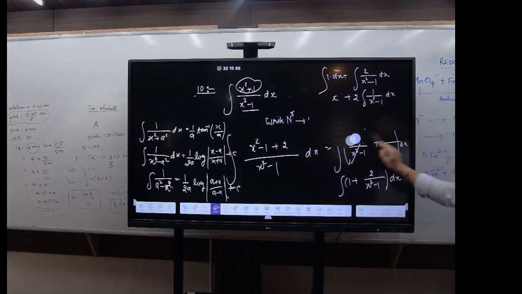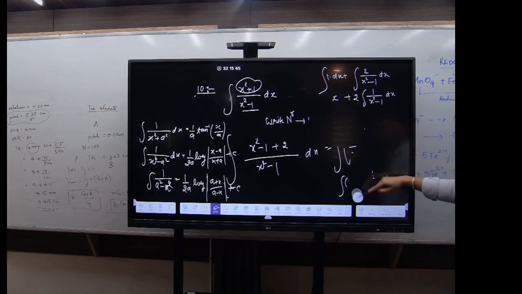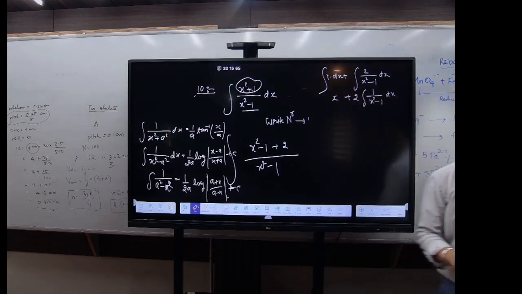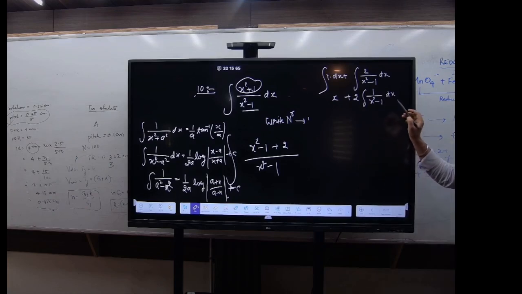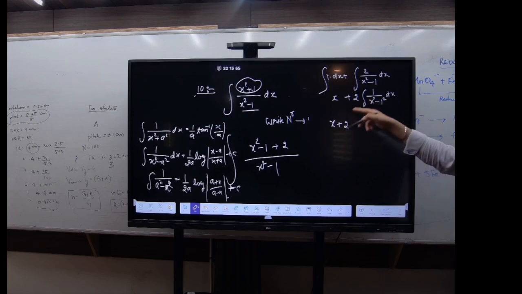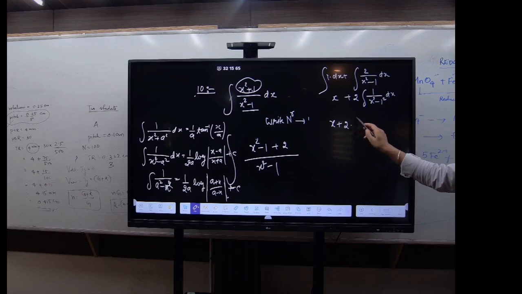Now you tell me what will be the answer of this. What is this format? Can I say x square minus 1 is nothing but x square minus 1 square? Yes or no? Tell me x square minus a square, what is the formula? 1 by 2a.